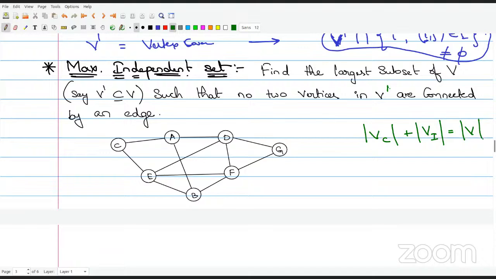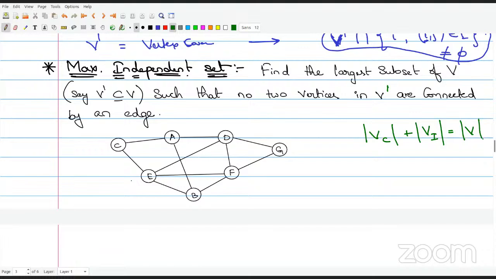First of all, independence means that if there is no edge between two vertices, then those two vertices are independent of each other. You see here A and E. A and E don't have a direct edge between them, therefore A is independent of E. So A and E are independent vertices.